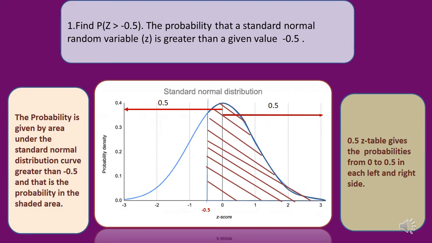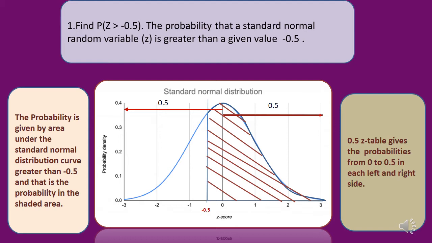Then we need to consider here the Z table. It gives the probability from 0 to Z in the left side and the right side. And here to find the shaded area, we need to find the 0 to minus 0.5 Z value.